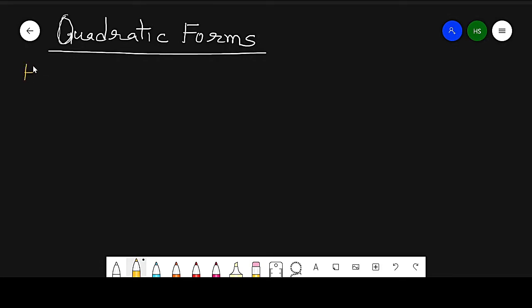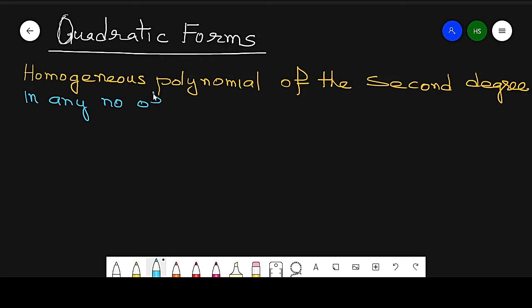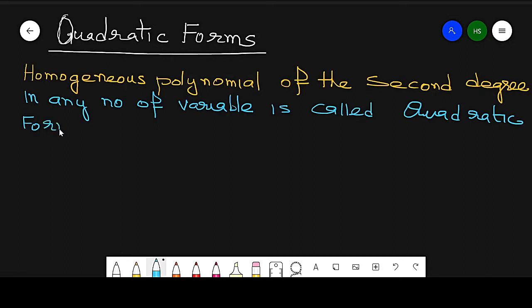So number one, a homogeneous polynomial; number two, of the second degree, in any number of variables, is called a quadratic form.